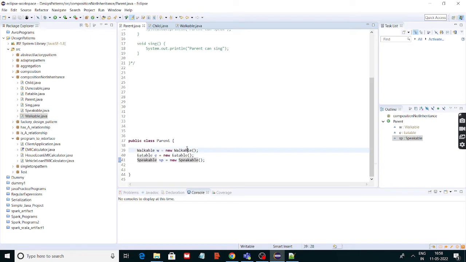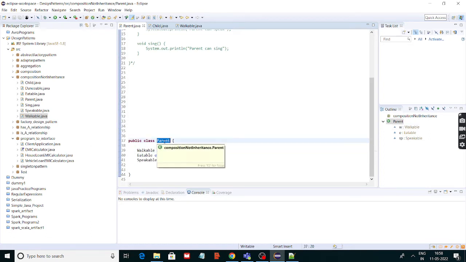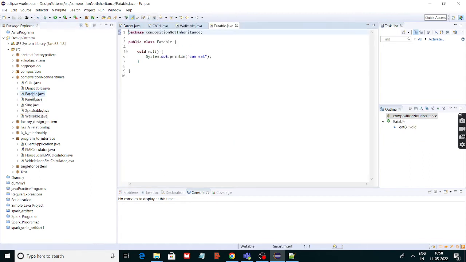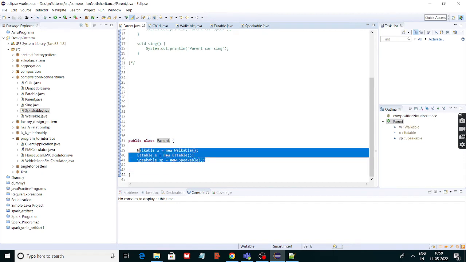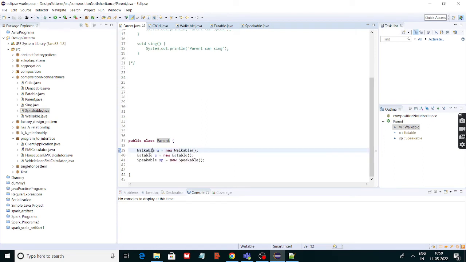Let's have a look at these two classes as well for better understanding, eatable and speakable. Now let's come to this parent implementation. This means that the parent is composed of these three behaviors: walkable, eatable, and speakable.